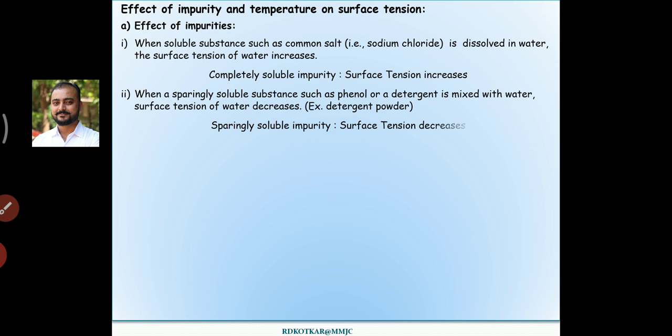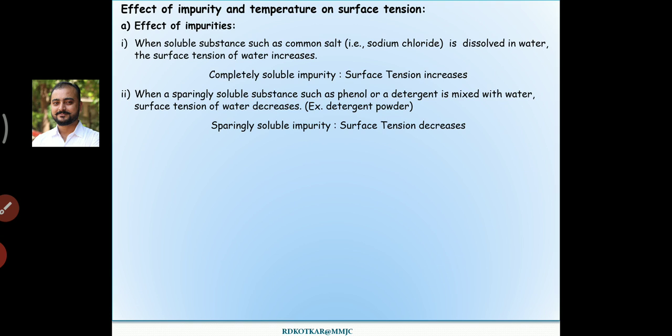Next, when a sparingly soluble substance such as phenol or detergent is mixed with water, the surface tension of water decreases. Okay, what is sparingly soluble? Those which are not completely soluble. They produce a milkish color when they dissolve in a liquid.